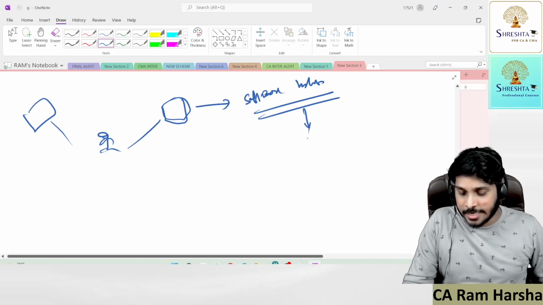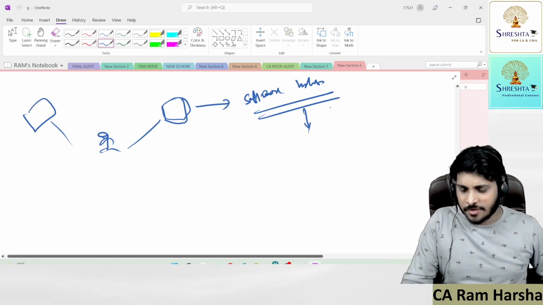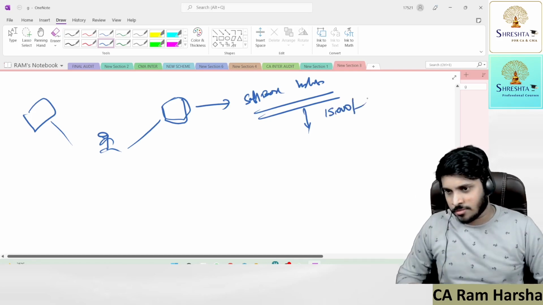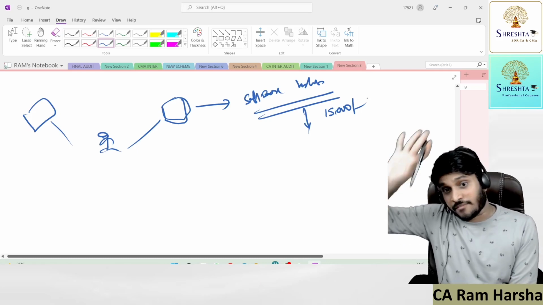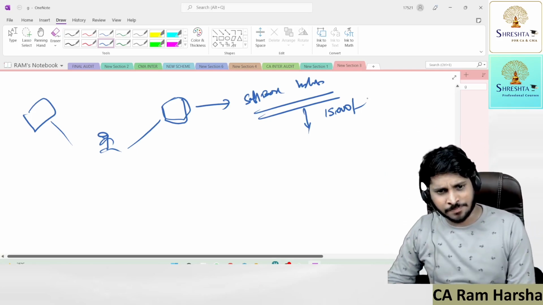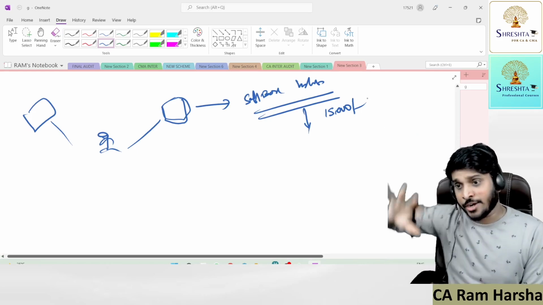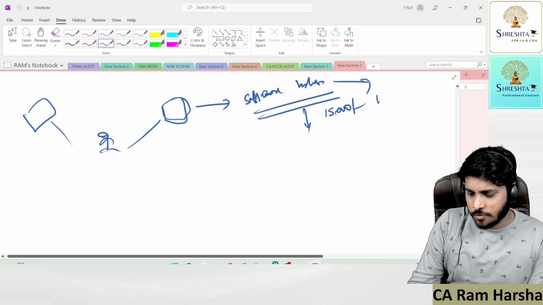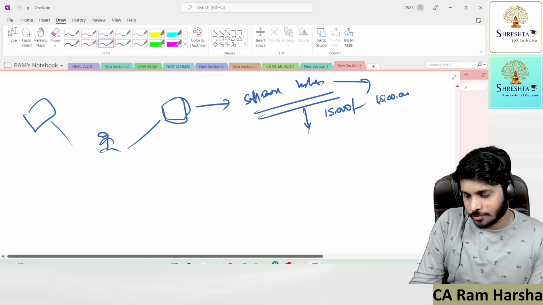This soft box light, I purchased it for somewhere around 15,000, let us assume. Suppose mine is a very big professional studio. I'm a very big YouTuber, not just CA classes. I do take some movies like that. In that case, the lights cost alone will go up to some 15 lakhs also.